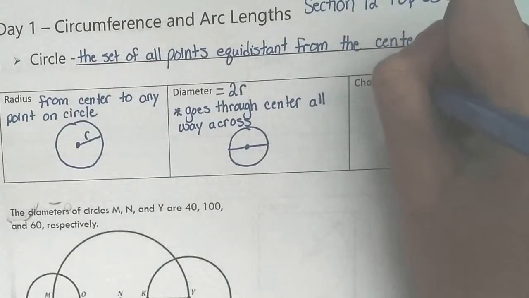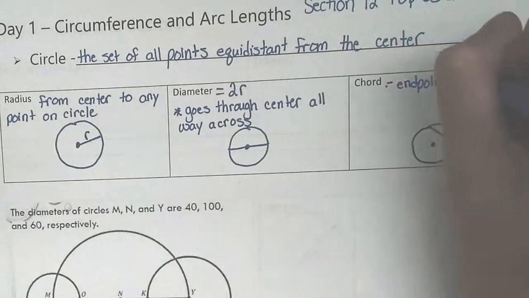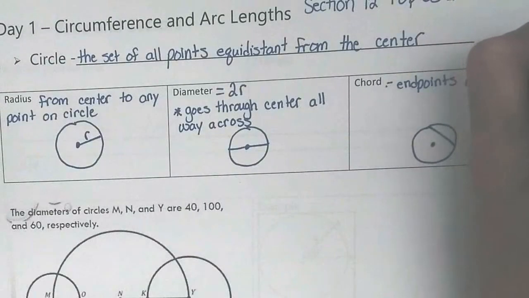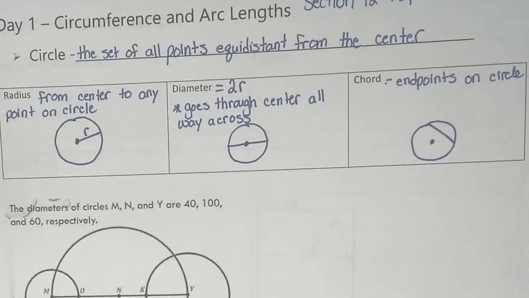So the endpoints are still on either side of the circle. It can go through the center, and when it does, that's called the diameter. But it does not have to go through the center to be a chord.